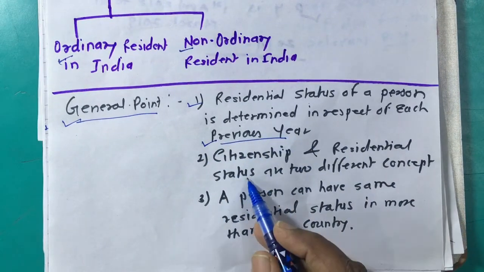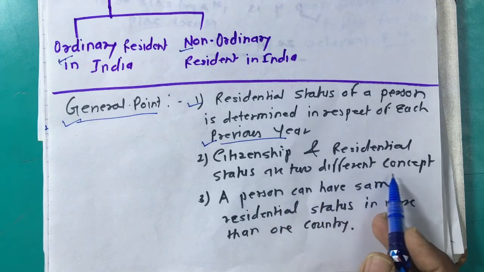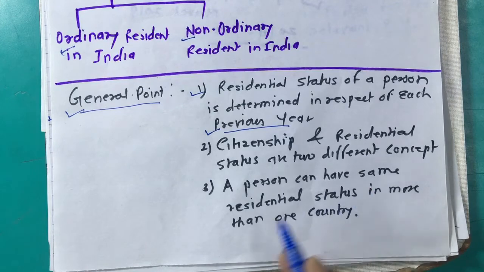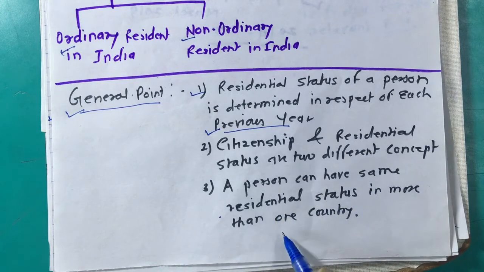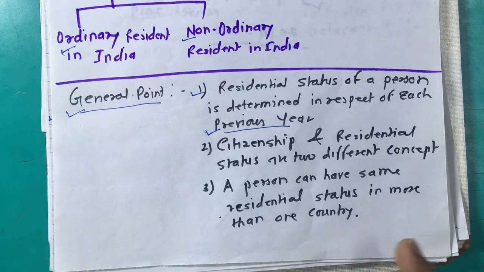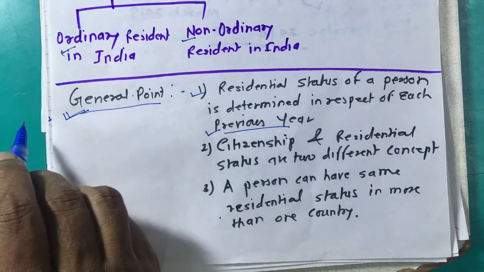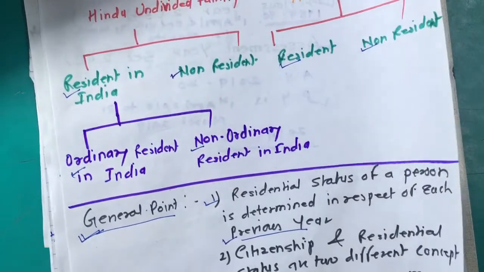Second, citizenship and residential status are two different concepts. And third, a person can have the same residential status in more than one country. These are the points considered for the residential status of a person or an assessee.